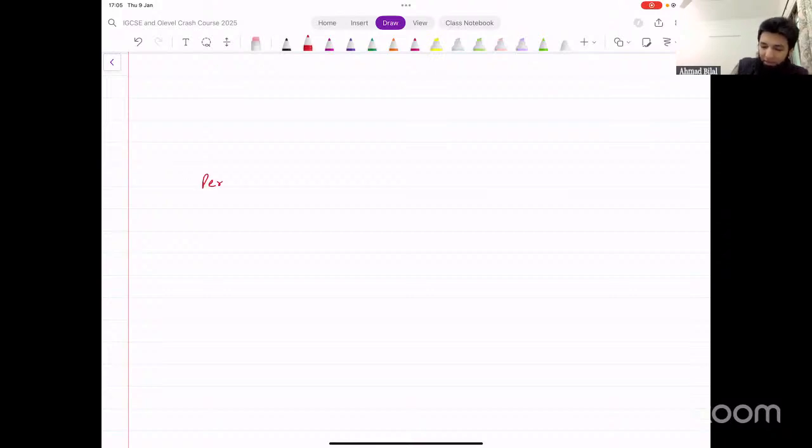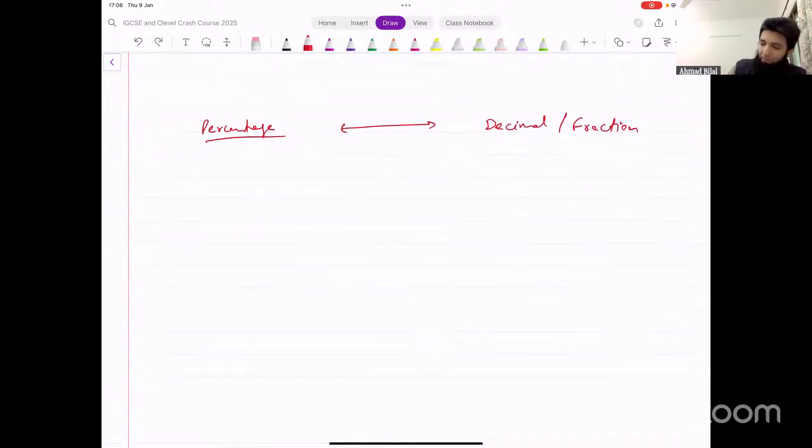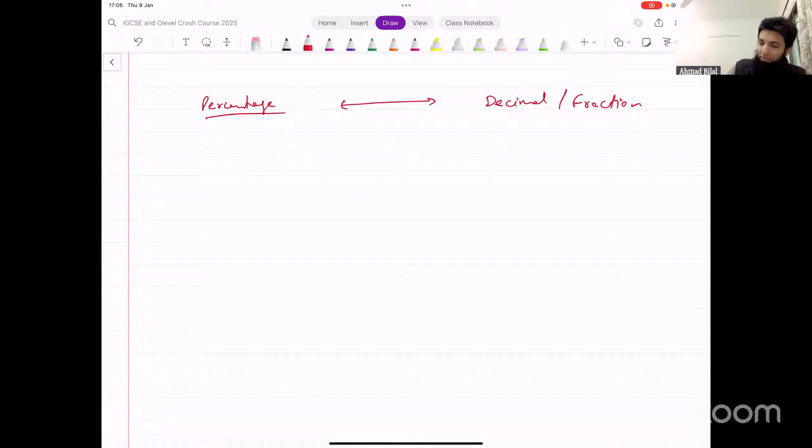So that's something that you have to do sometimes as well. You can convert it to decimal or a fraction as well. Now you should be able to do it both ways.